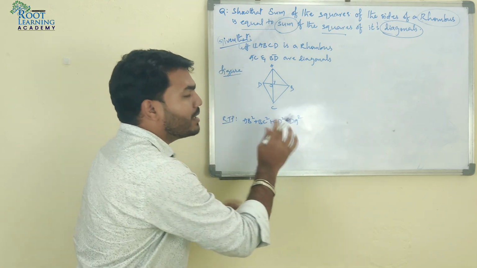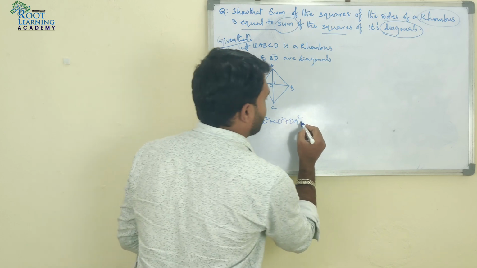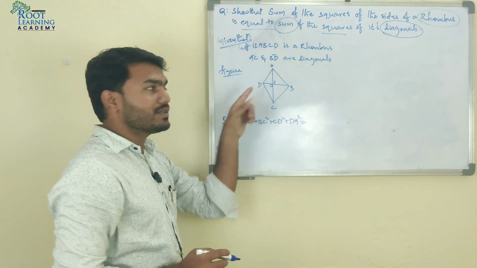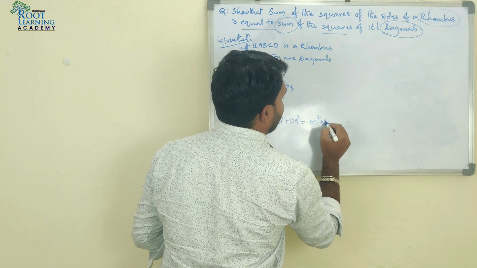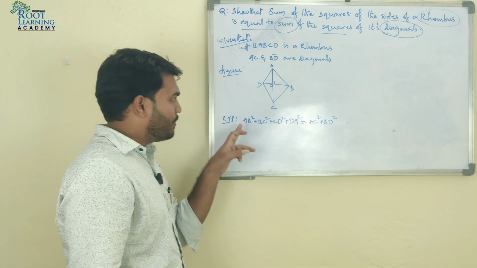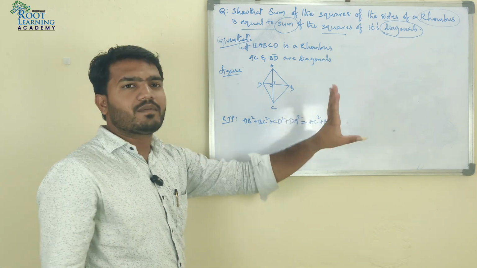See, sum of the squares of the sides of a rhombus is equal to sum of the squares of its diagonals. What are the diagonals here? AC and BD. So AC square plus BD square. Hope you understand this. This is what we have to prove.